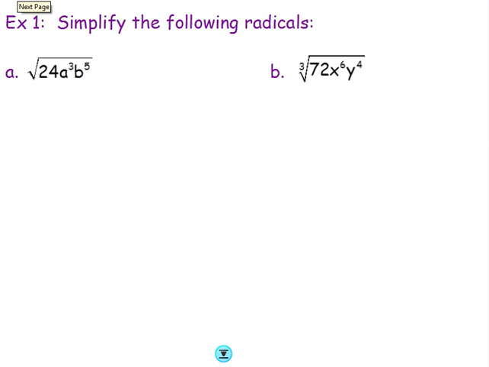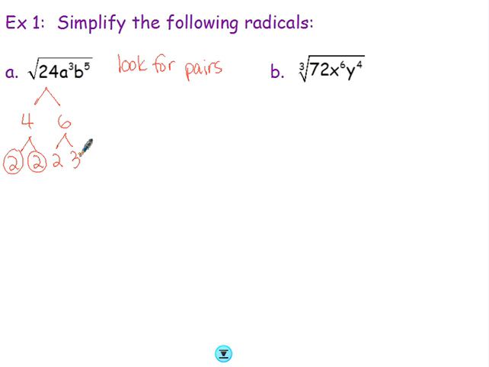So our first problem here is a square root. There's no extra numbers. So I'm going to make a note. We look for pairs. So let's go ahead and start our factor tree. 24 is 4 and 6. 4 is 2 and 2. Those are primes. 6 is 2 and 3.